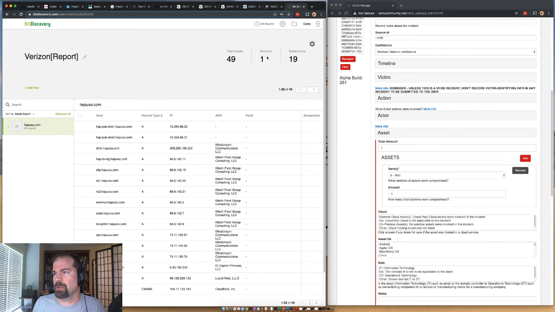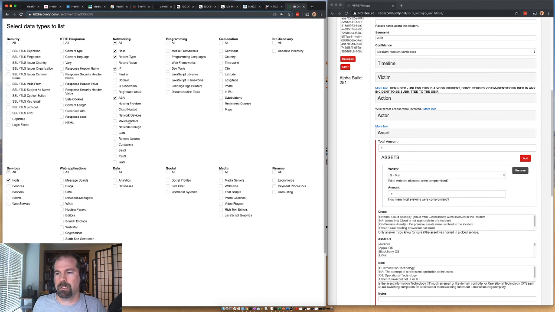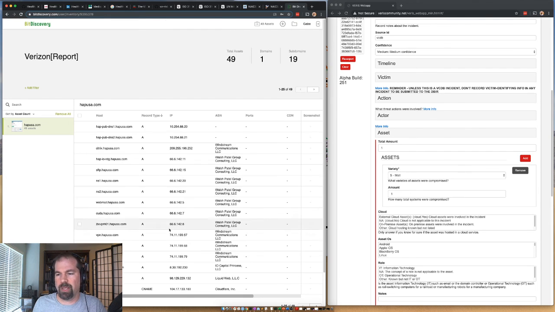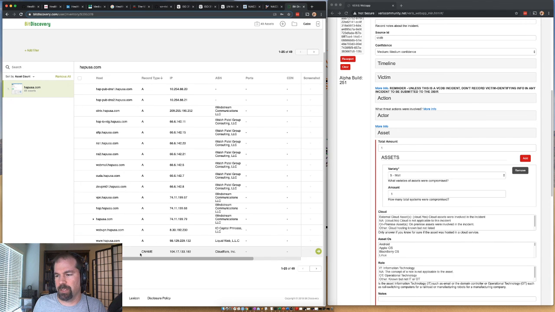Let's add the cloud column. So CDN would also count as cloud storage. So we don't have an MX record for them. They're using a little bit of cloud, but with the other providers, it looks like they're kind of self-hosted.